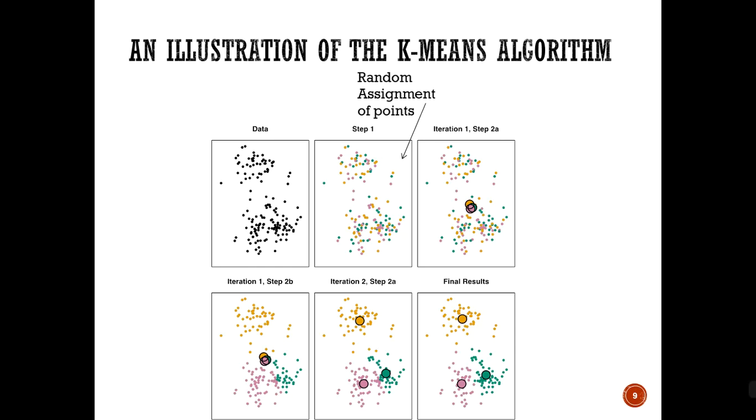Now the first step is to compute the centroids. These are the averages of the horizontal and vertical direction of all the points in different clusters.